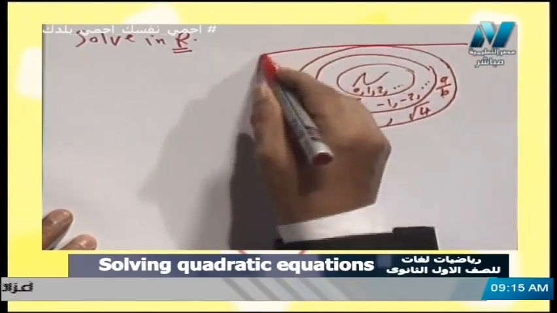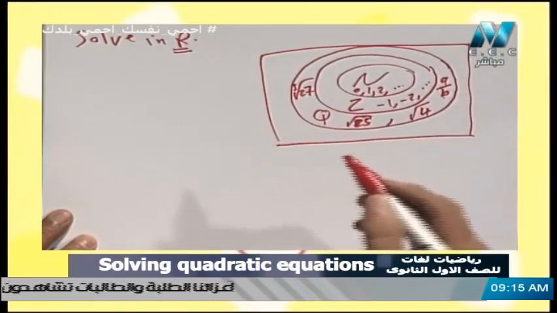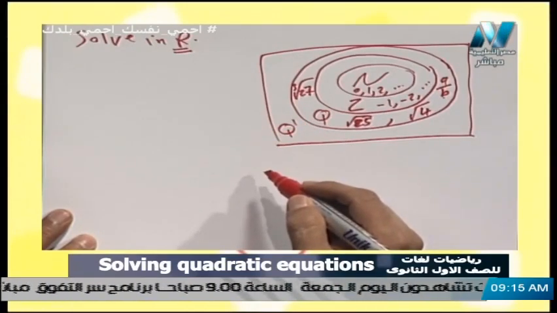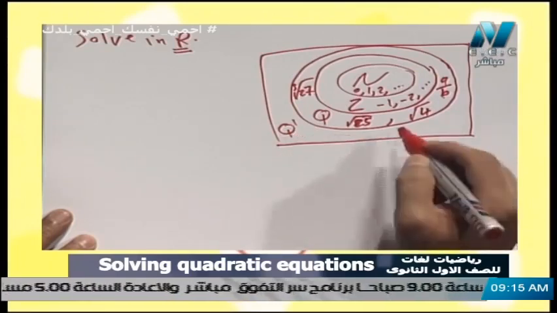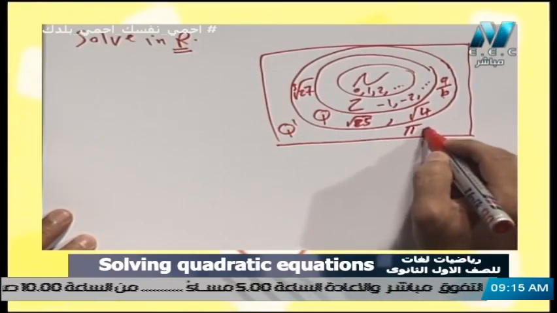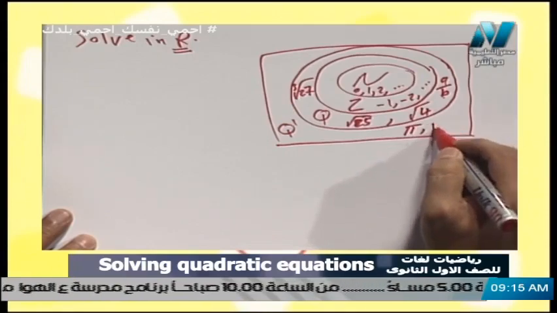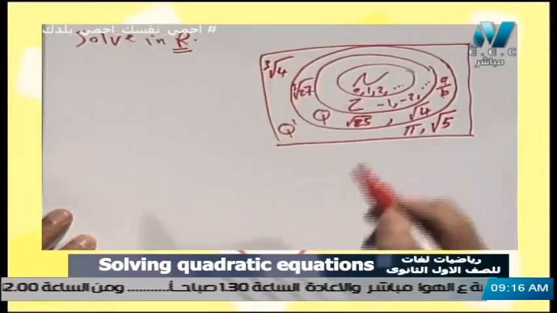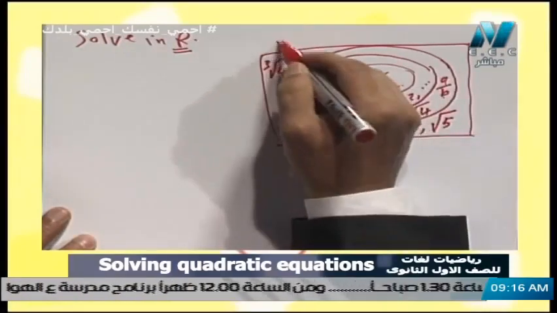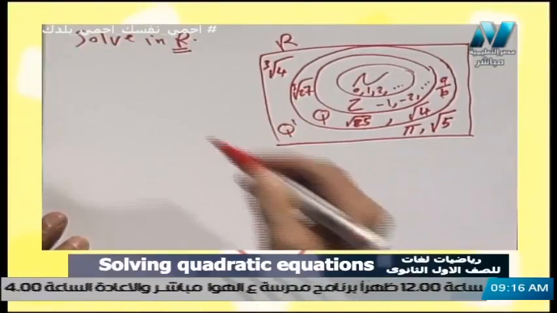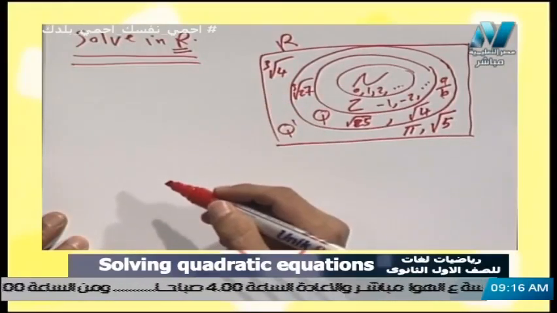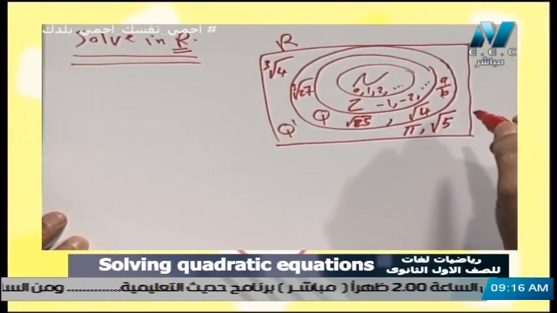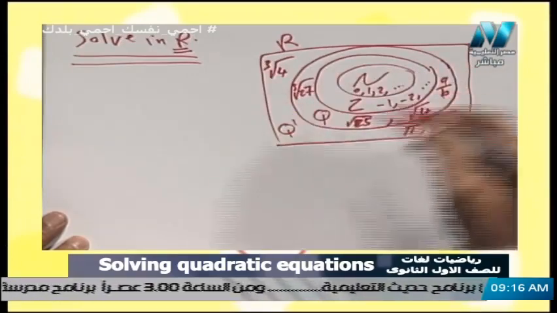And also we have Q dash, the set of irrational numbers. These numbers are, for example, pi, as we said before, square root of 5, cubic root of 4, and so on. All these numbers together are called R, the real numbers. So when we say solve in R, we mean x can be any of these numbers.